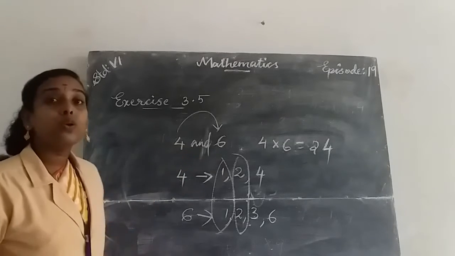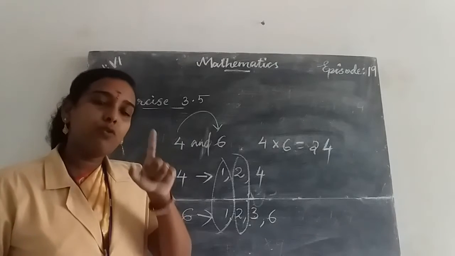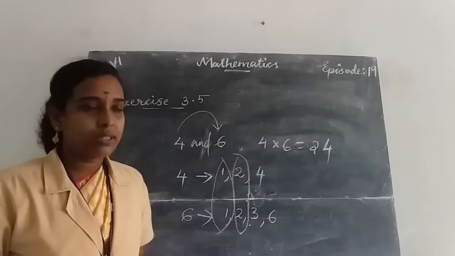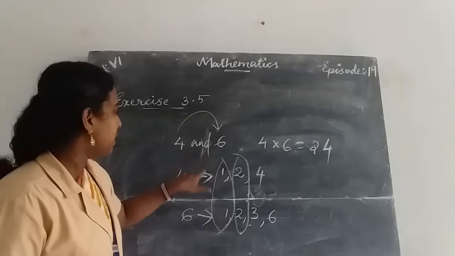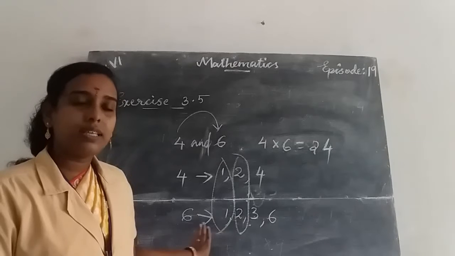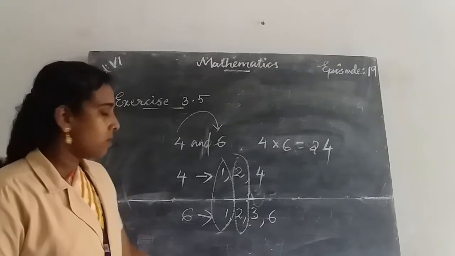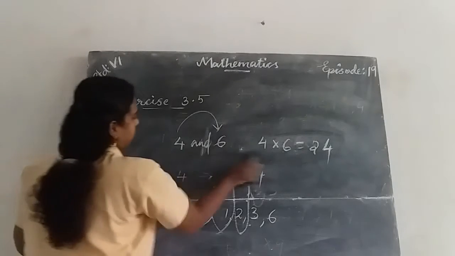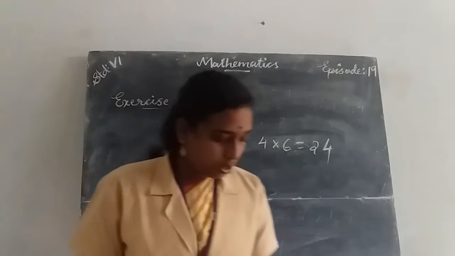So they are not co-prime because they have two common factors. If two numbers have only one common factor, then we can say that the numbers are co-prime numbers. So this is not a co-prime pair. Okay. So we can say that here 4 and 6 are not co-prime.